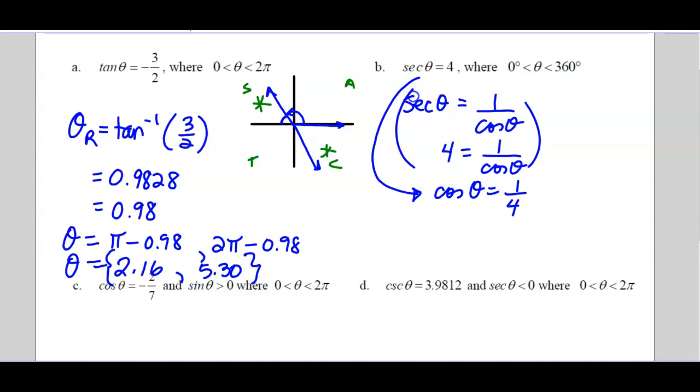Now, this is positive. We're in degree mode, so draw. I always draw. You don't have to. I just like to think about it. I don't try to zoom through; I try to think it through. So 1/4, that's positive for cos. Cos is positive in the first quadrant and the fourth quadrant.